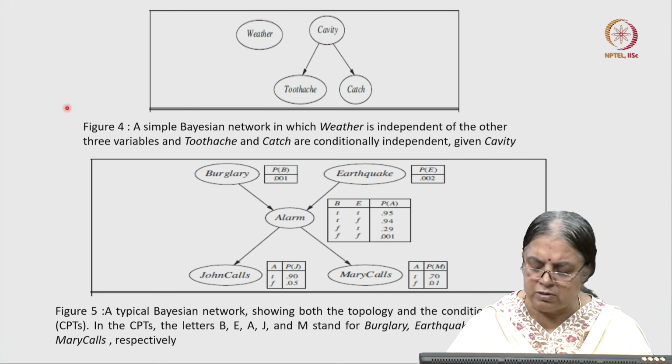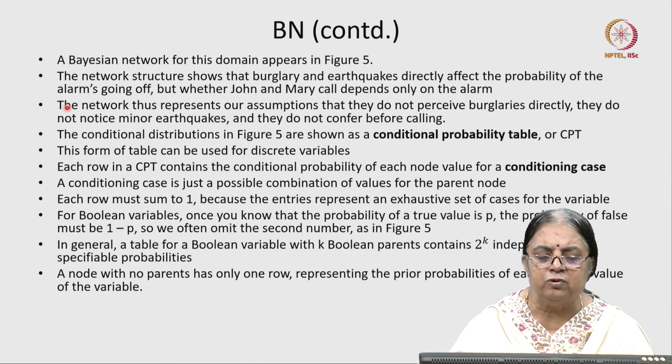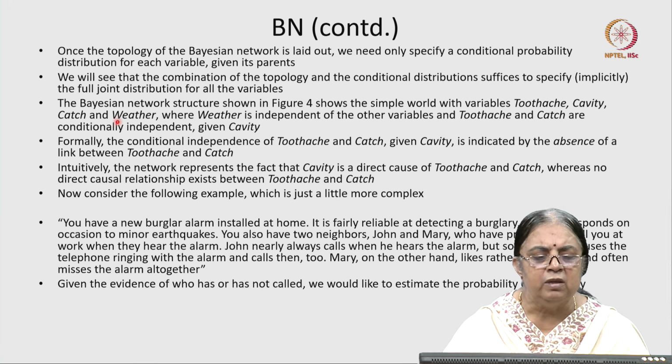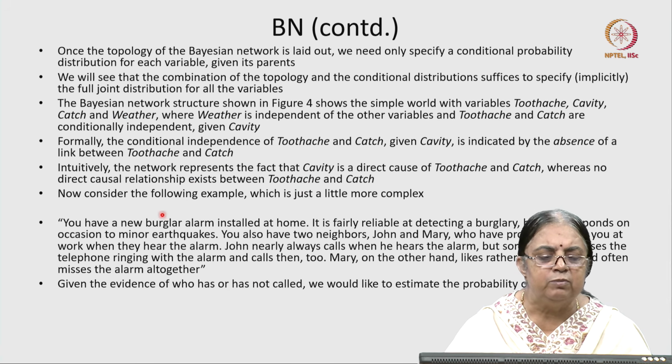We will talk about a slightly more complicated example, which is found in Russell and Norvig. You have a new burglar alarm installed at home. It is fairly reliable at detecting a burglary, but also responds on occasion to minor earthquakes.